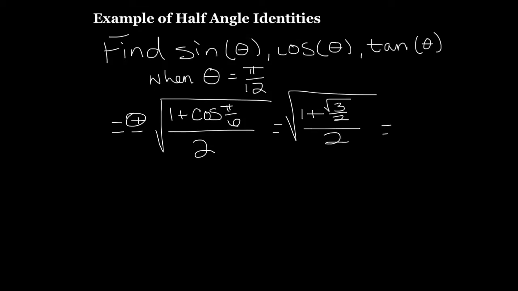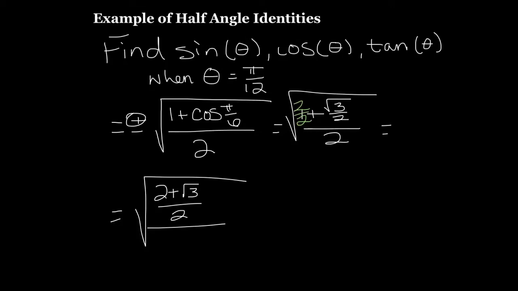which is, change that to 2 over 2, so we get 2 plus root 3 over 2, all over 2. Oops, sorry. Let me go back here. Yep, sorry, that was correct. 2 plus root 3 over 2, all over 2.